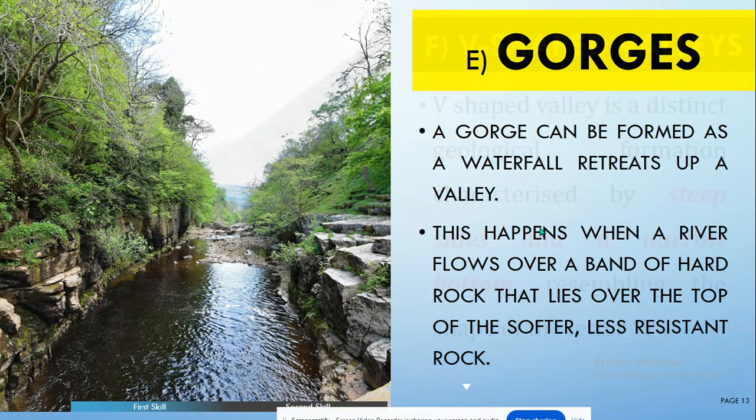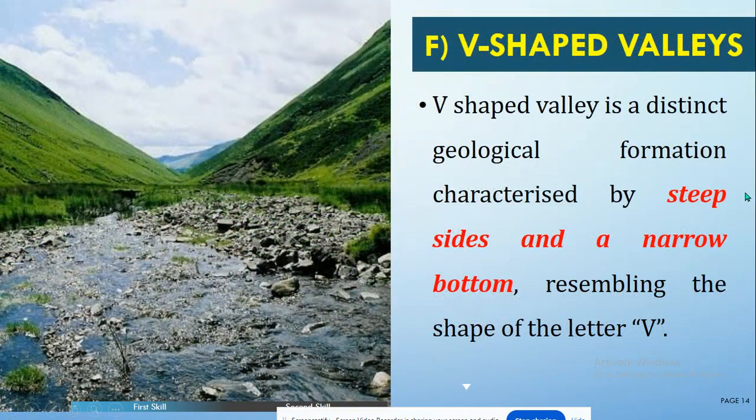And another one is the V-shaped valley. You see, it's almost like a gorge, but a V-shaped valley is steep-sided with a narrow bottom. So it's narrow, it's not wide, and it's a steep valley.